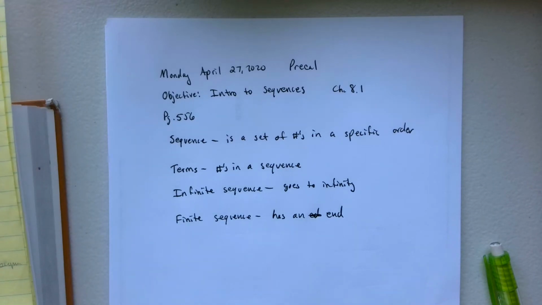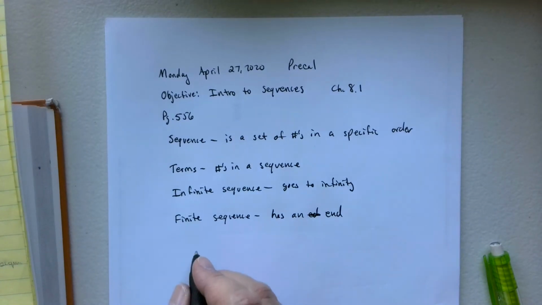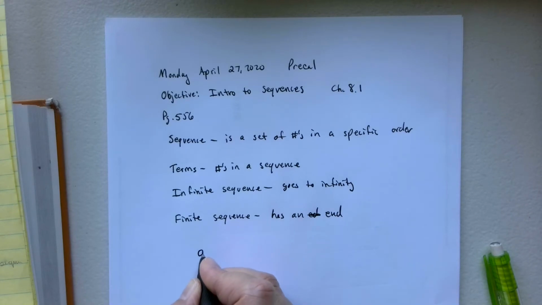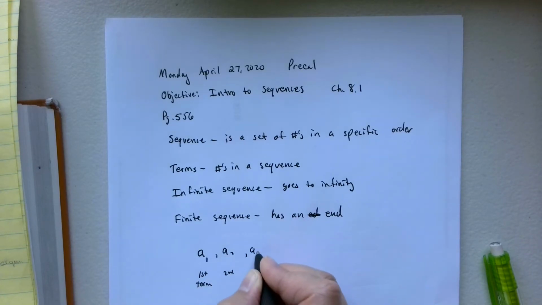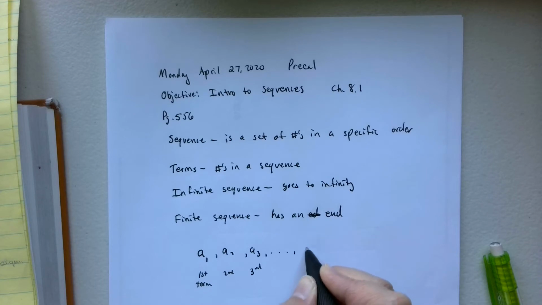So when you're talking about a sequence, they love to use the lowercase letter a to represent the different terms, and then they put subscripts. So they might say a sub 1 for the first term, and then a sub 2 for the second, a sub 3 for the third, and they love to use a sub n for the nth term.